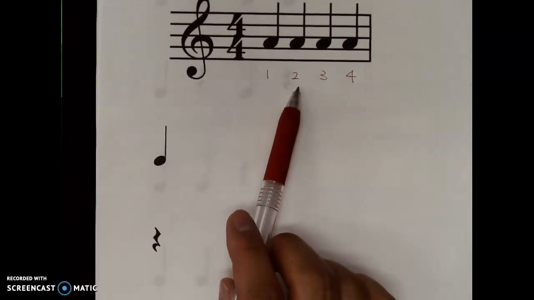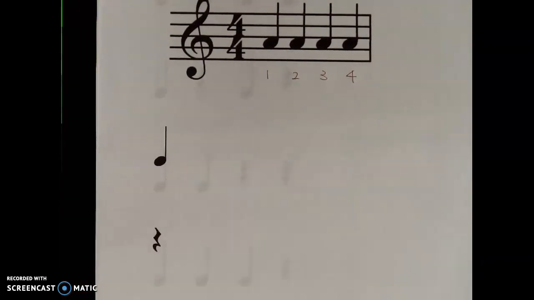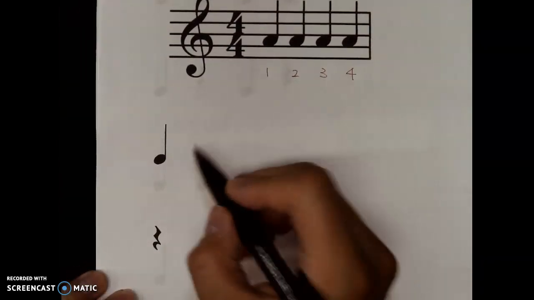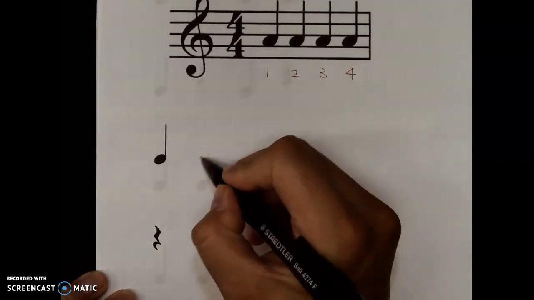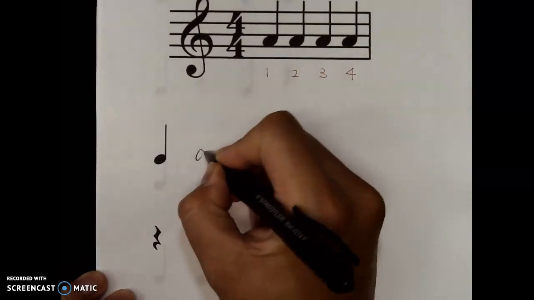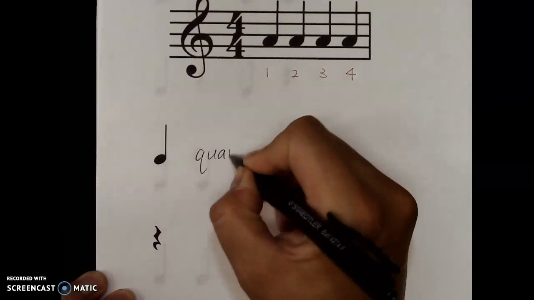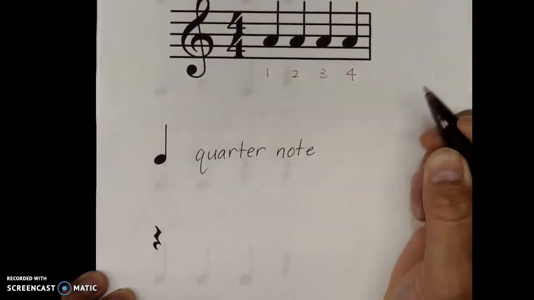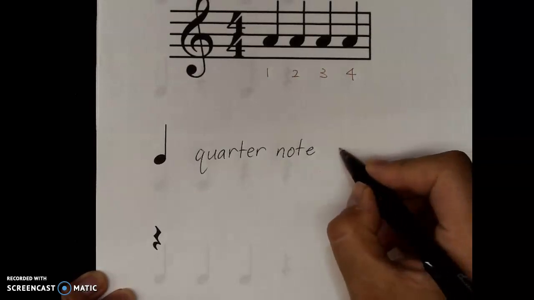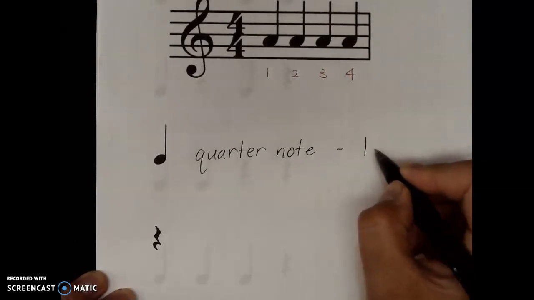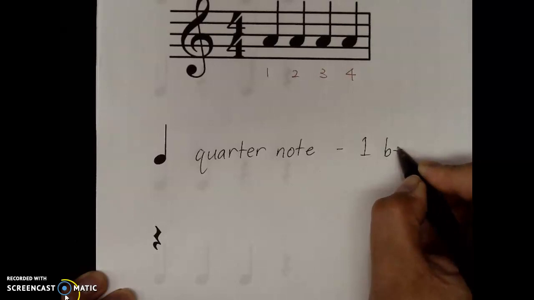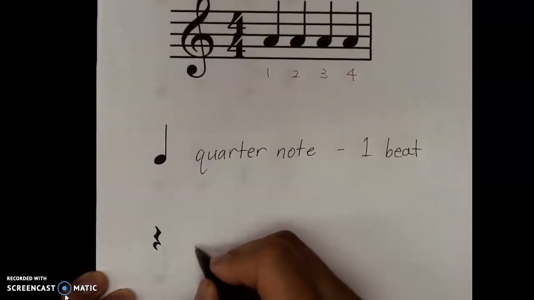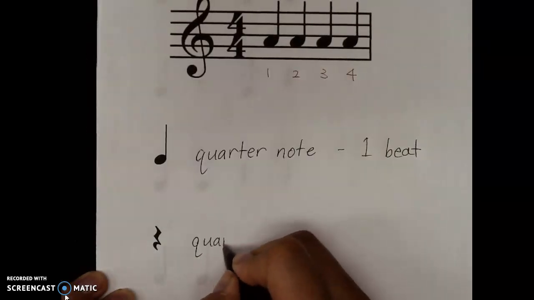Before we learn how to count, let's learn the names of the notes and the rest. This is a quarter note. It's worth 1 beat. This is a quarter rest.